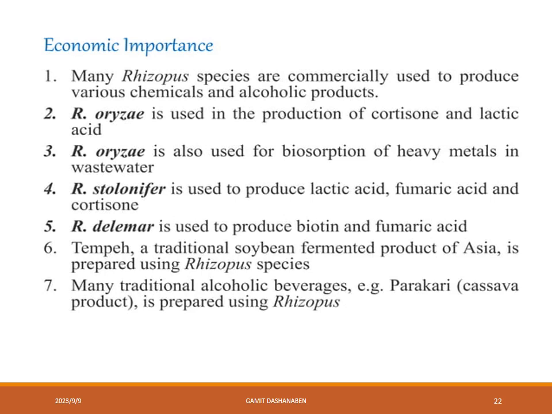Rhizopus stolonifer is used to produce lactic acid, fumaric acid and cortisone. Rhizopus delemar is used to produce biotin and fumaric acid. Tempeh, a traditional soybean fermented product of Asia, is prepared using Rhizopus species. Many traditional alcoholic beverages are prepared using Rhizopus.